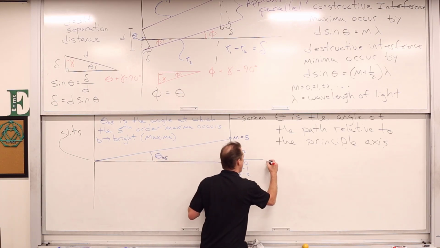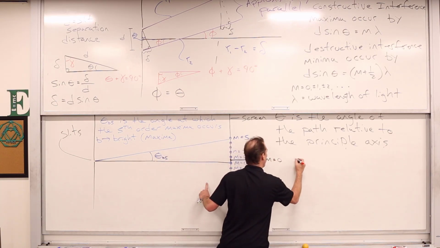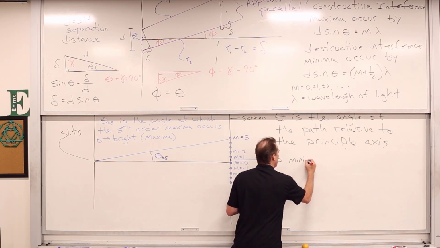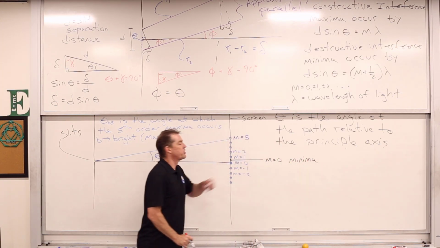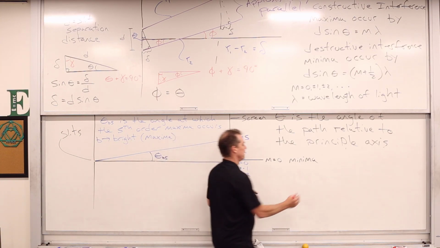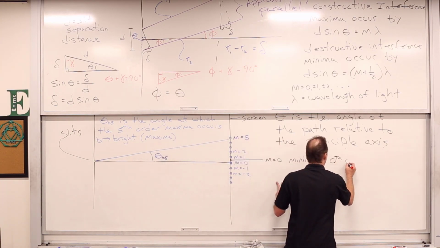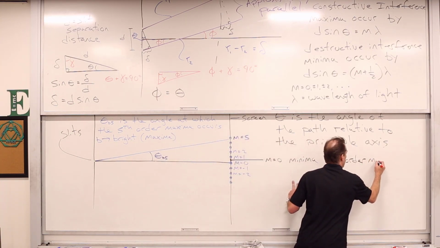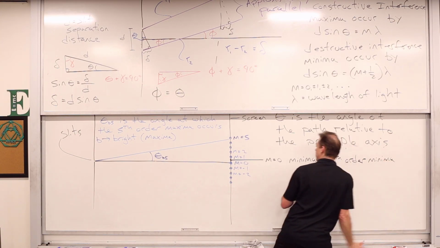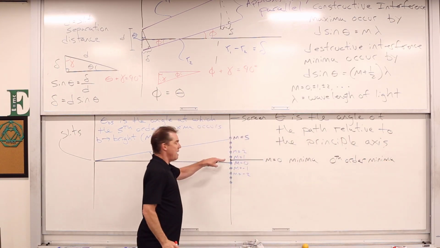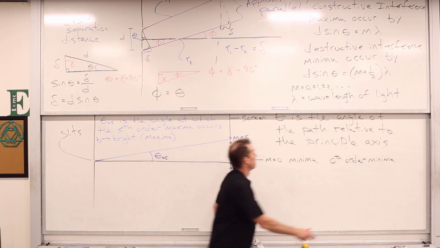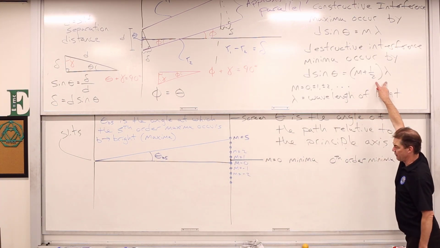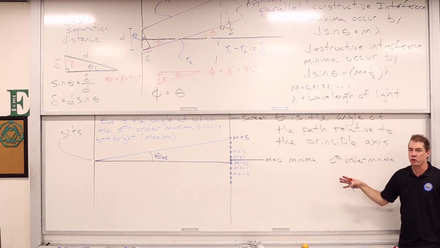This would be m equals 0, the 0th order minima, because putting 0 gives us half of a wavelength difference. There is no central minima.